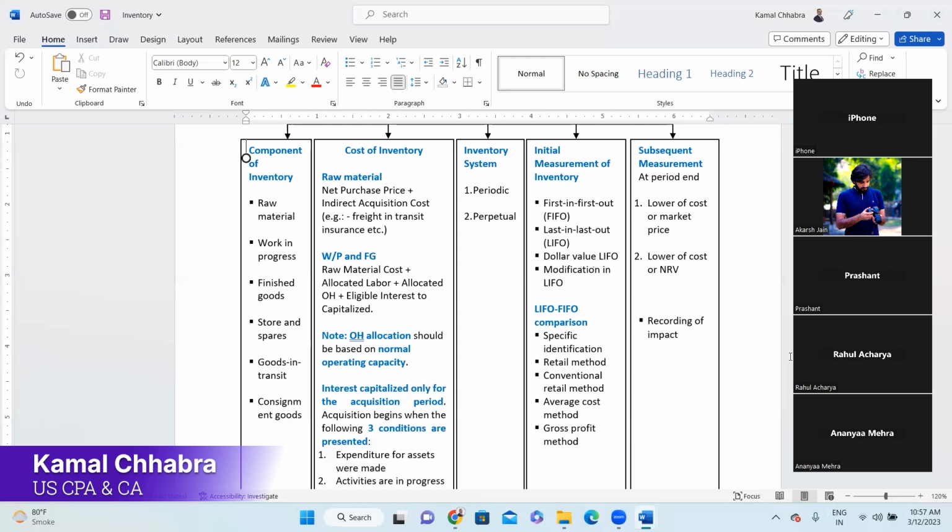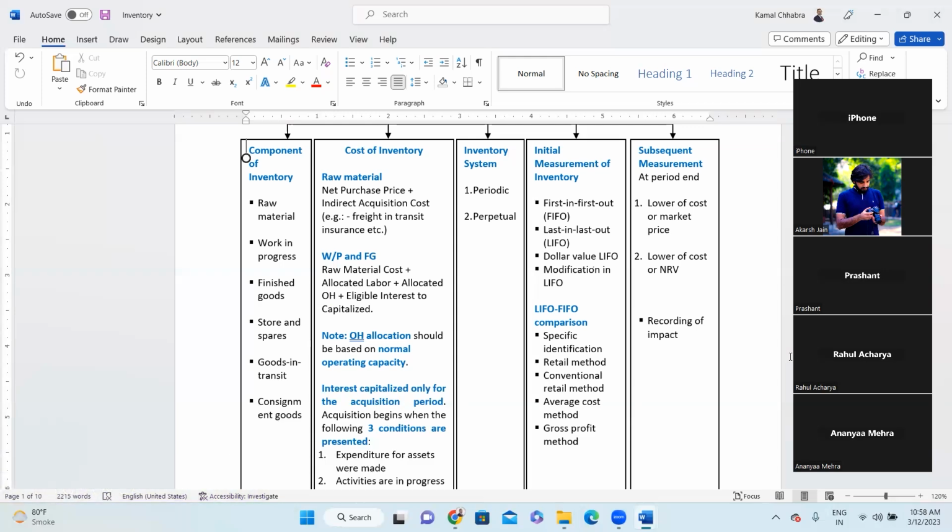Less. Why? Sir, inflation is increasing, then the cost of what I purchased first will be lower, and as inflation increases my input cost will increase, then accordingly my COGS cost will increase. Yeah, everyone agree? Rahul, Ananya, Akash, are you getting the point?